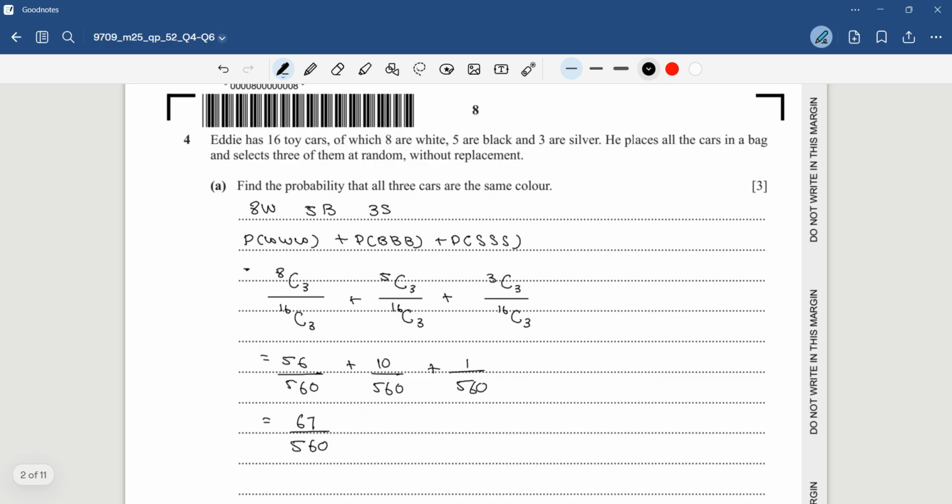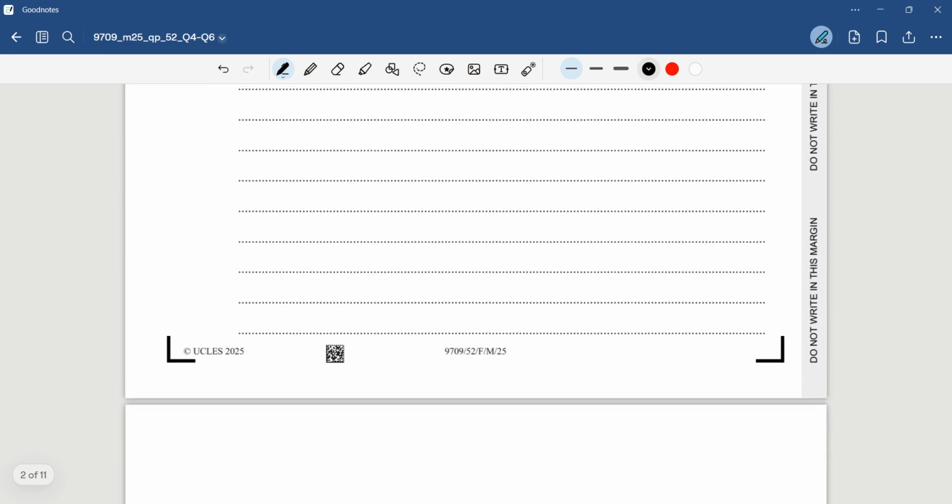I don't really prefer that way. For example, the probability of choosing white color is 8 over 16, and then white again is 7 over 15, and so on. I don't really prefer that method, so I use the combination method, but you can choose any other method that you prefer. For me, I prefer the combination method using the C.